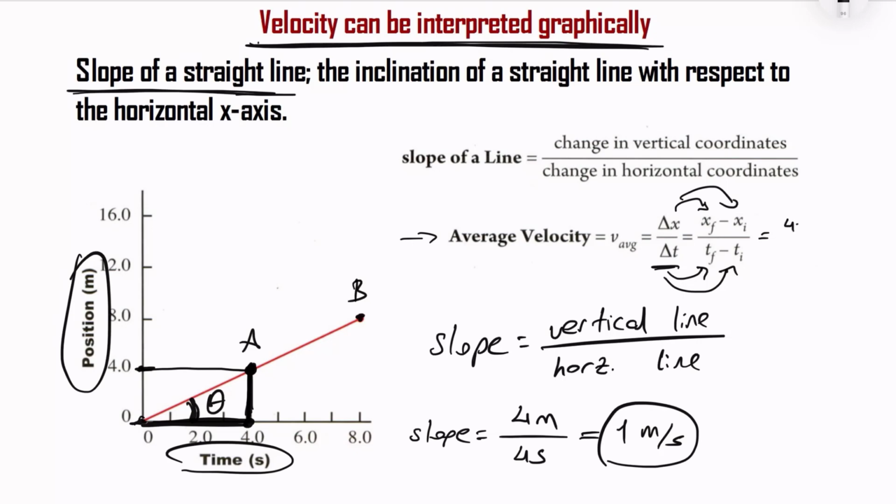So it will be 4 minus 0. The final time is 4 and the initial time is 0 because it starts from 0. So it will be 4 over 4, which is 1 meter per second. As you see, we have the same result here. So the slope of the graph gives us information about the velocity.